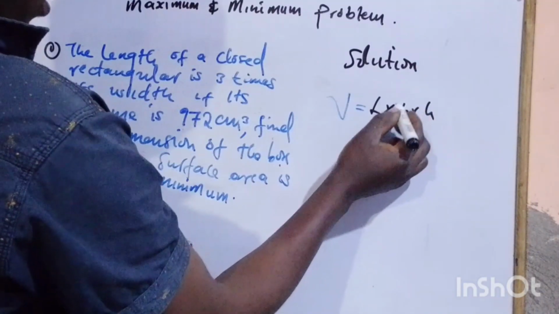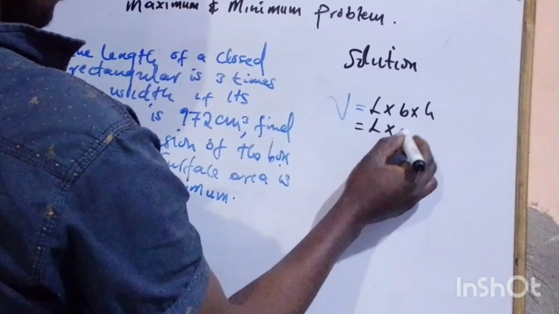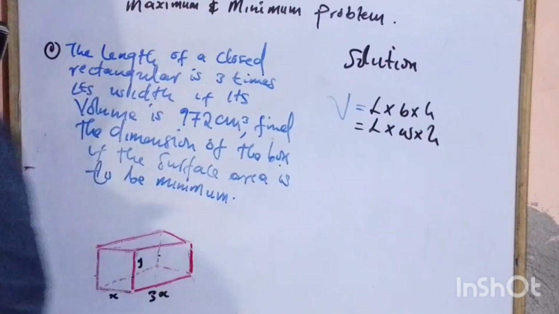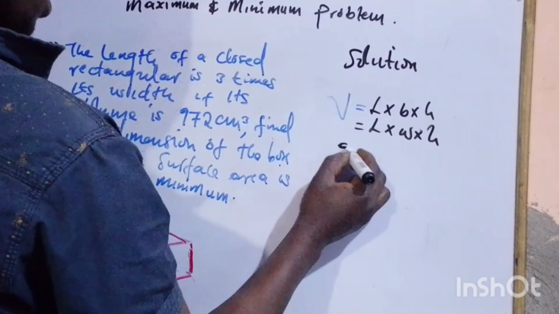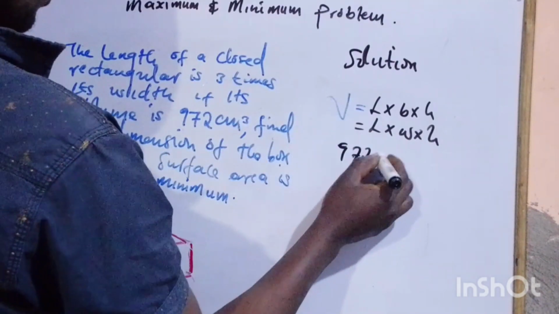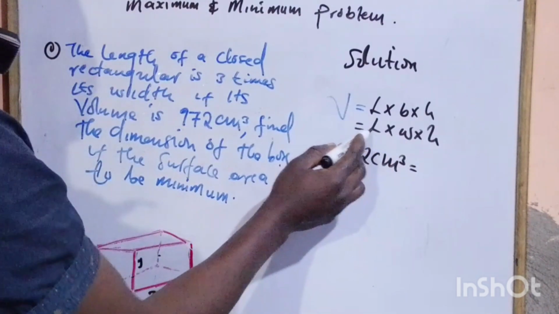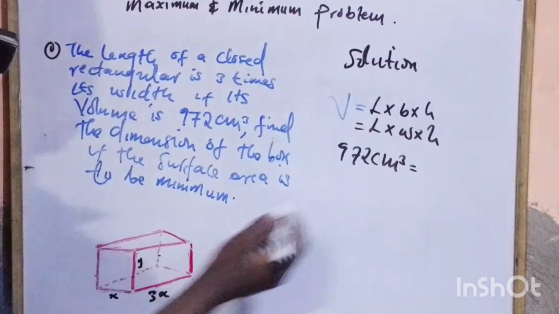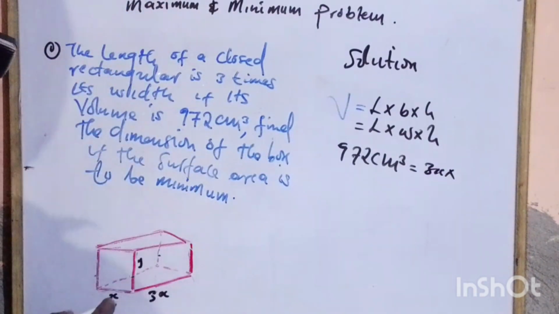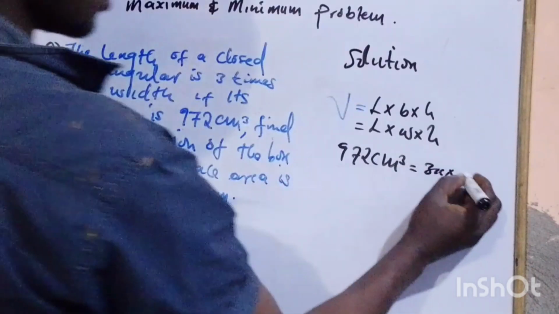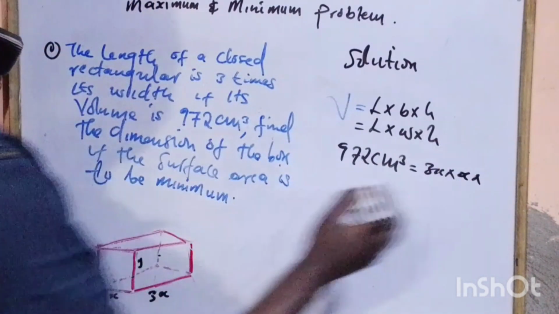In a case where you have width in place of breadth, you can say length times width times height. The volume we have been given is 972 cubic centimeters, which will be equal to length, we have 3x, times width, we have x, times height, we have y.